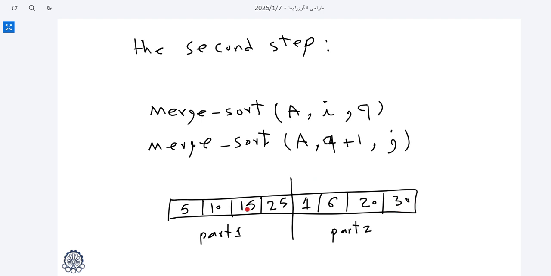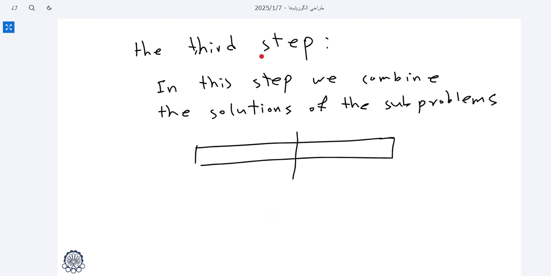We should rearrange the numbers in the array and make the whole array sorted. The total array should be sorted. So in the third step, we should combine the solutions of the subproblems and make a solution for the total problem.